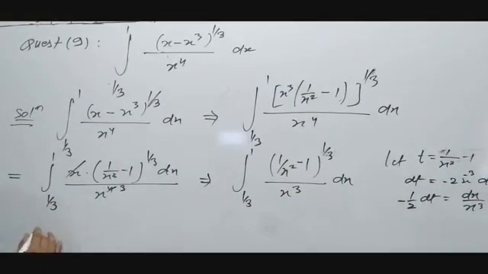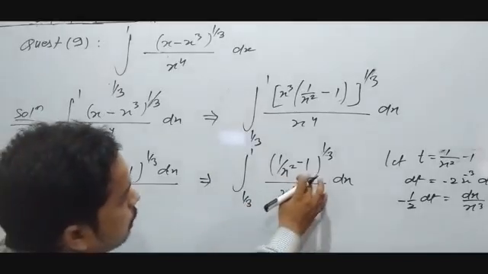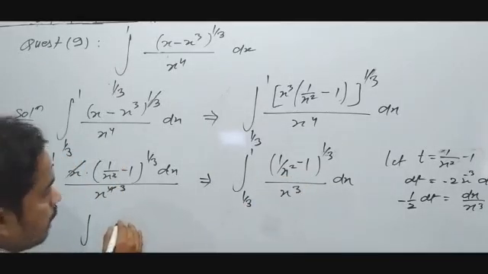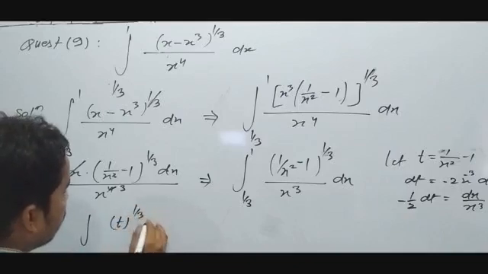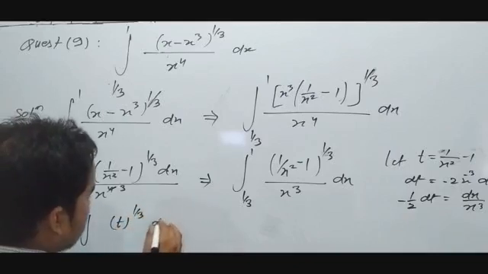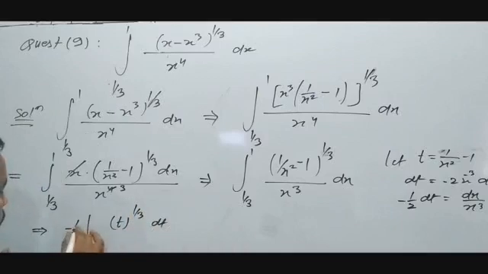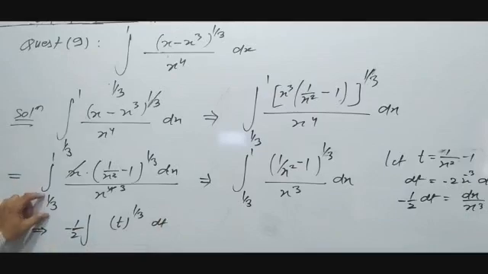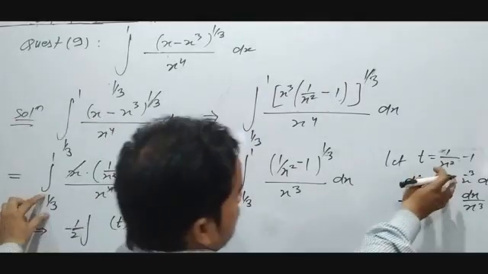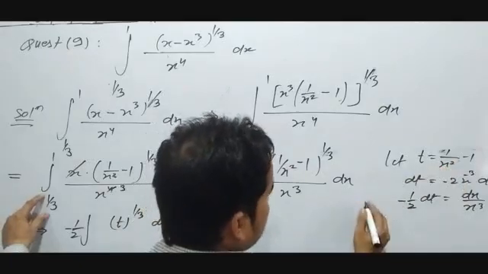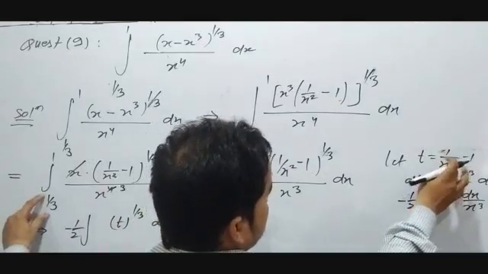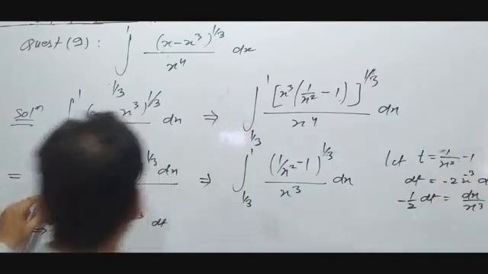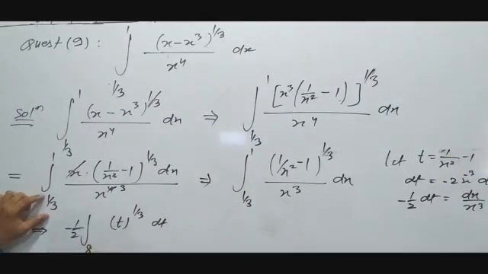So the steps will be: this result is t to the power 1 by 3 dt, and minus 1 by 2 is outside the integration. What will be the limit? When you put x is equal to 1 by 3, you get 1 by 9, and 1 by 9 means 9 minus 1, so the result will be 8. The lower limit is 8.